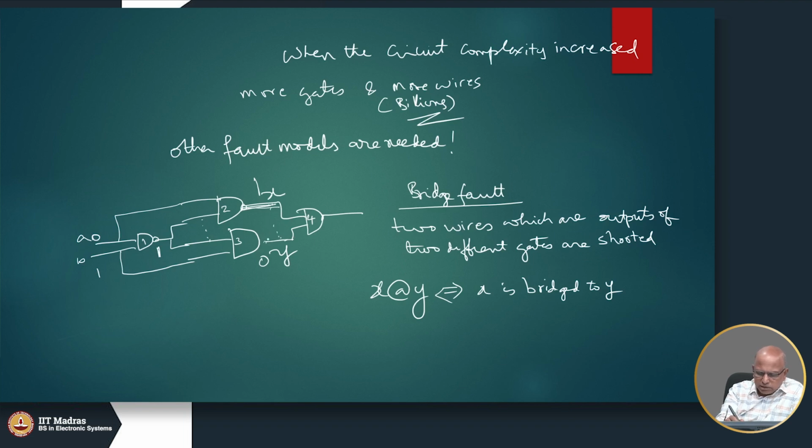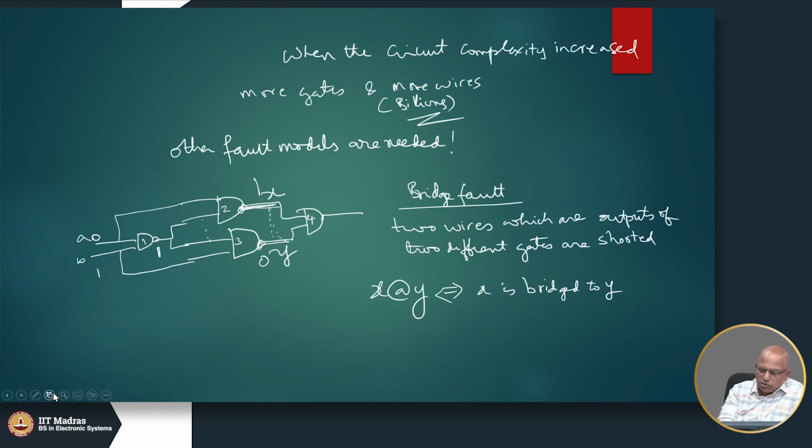But if they get bridged by mistake, then you can see that this NAND gate is trying to pull the output to 0, whereas this one is trying to pull it up to 1, and there will be sort of a tug of war between X and Y, and one of these wires will win.